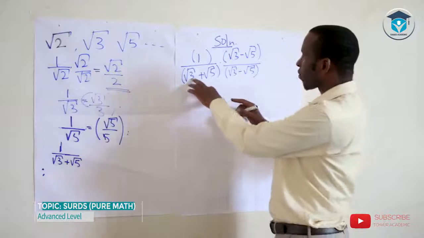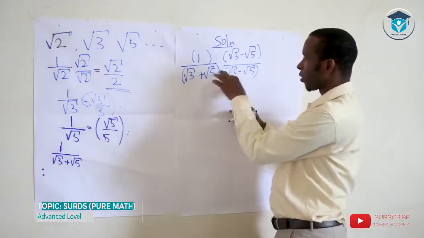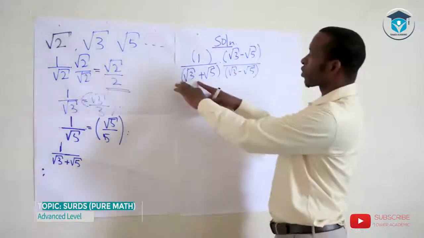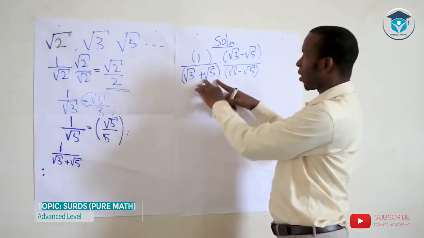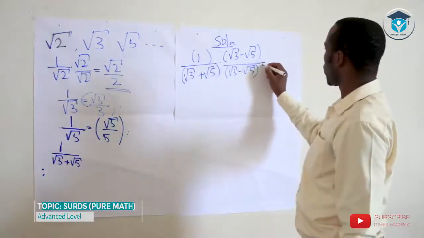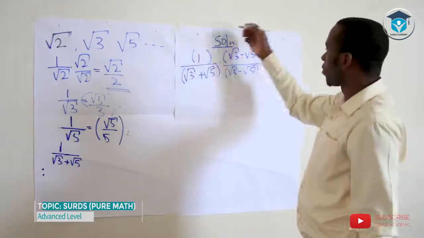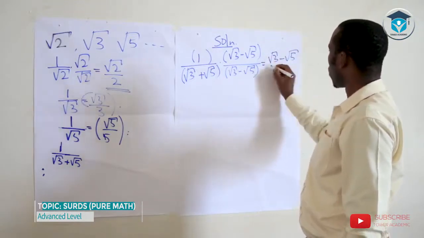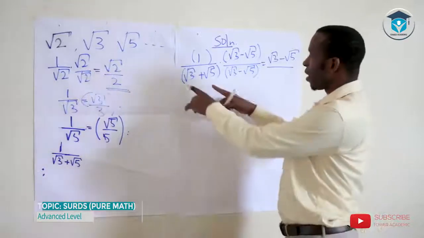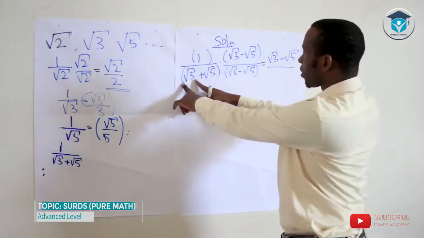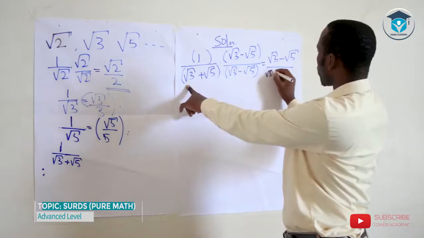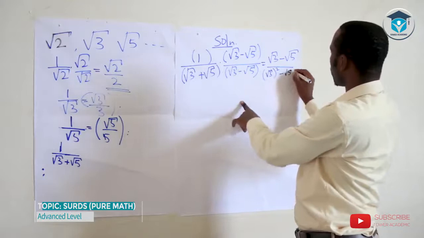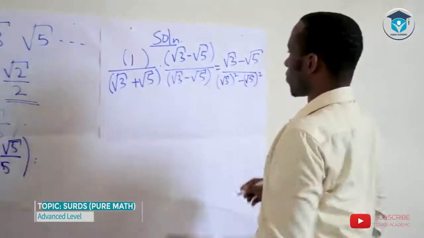So you realize that if you're multiplying a conjugate with the original number, this is the difference of squares. And the difference of squares, we shall have a squared minus b squared. So this one will give us, since the top is 1, just root 3 minus root 5 over, now it will be a squared, which is root 3 squared, minus b squared, which is root 5 squared.